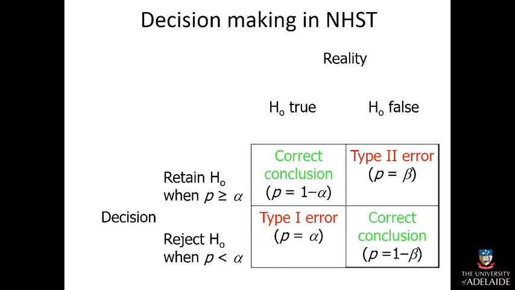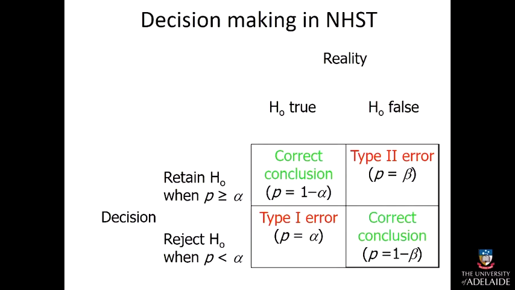And when the p-value associated with our data is less than some pre-specified probability, which we designate alpha, and which typically or almost invariably is a p-value of 0.05, when the probability associated with our statistic is less than that value, then we reject the null hypothesis.